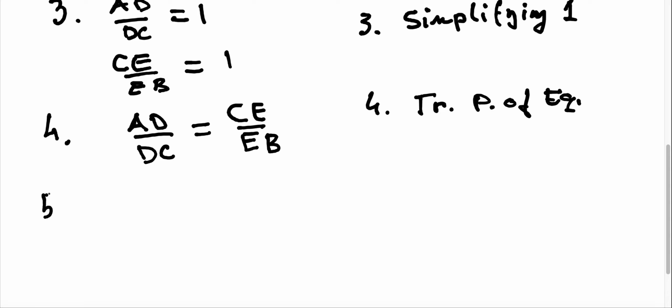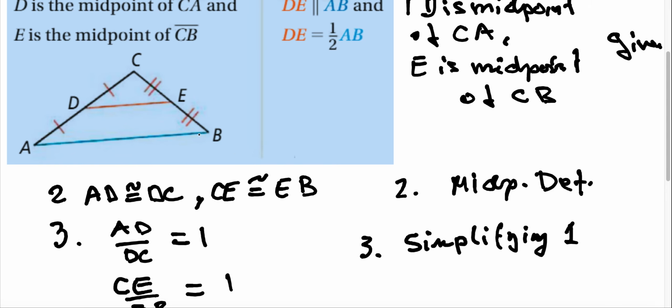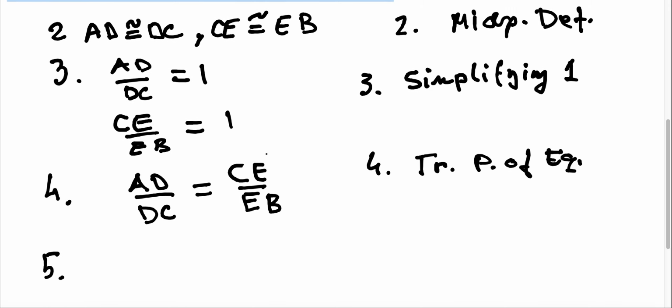Number 5. We already see, because the division of the sides of the triangle are proportional, then DE is parallel with AB.